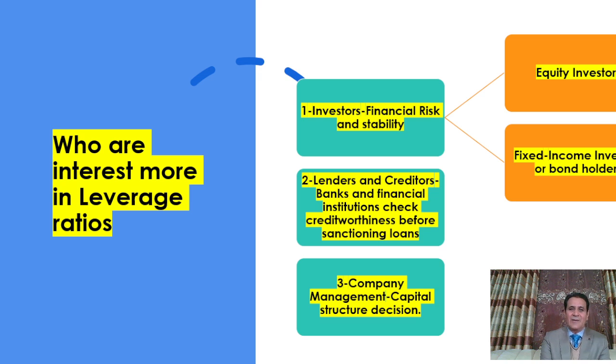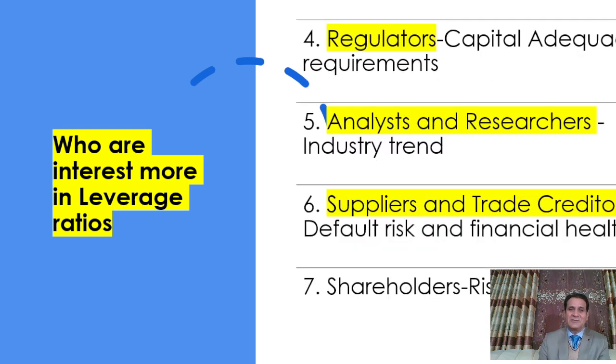The third party is the company management, which wants capital structure decisions. Another party may be a regulator, which wants capital adequacy requirements, and then analysts and researchers want industry trends. Suppliers and trade creditors want to know the default risk and financial health of the companies, and shareholders want to know their risk exposure.